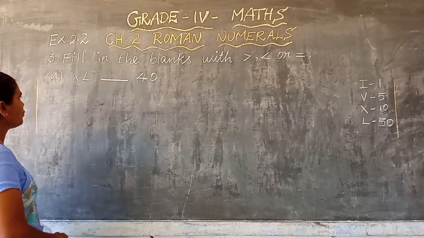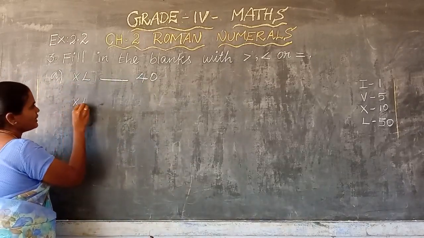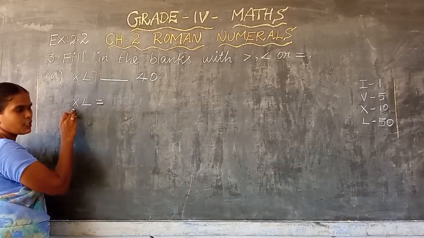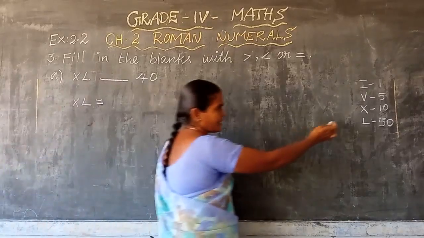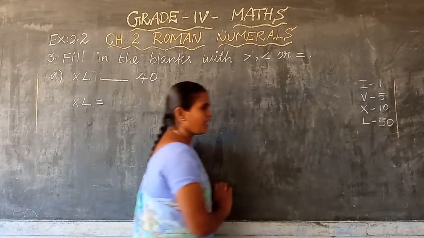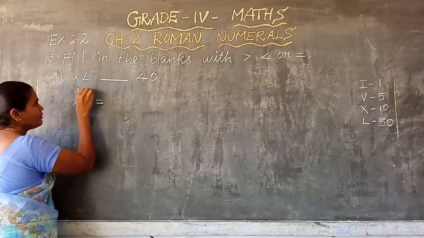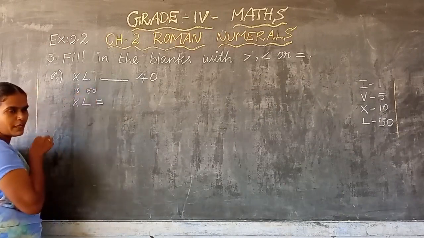Okay. So now you find the value of XL. Value of X is 10, value of L is 50.